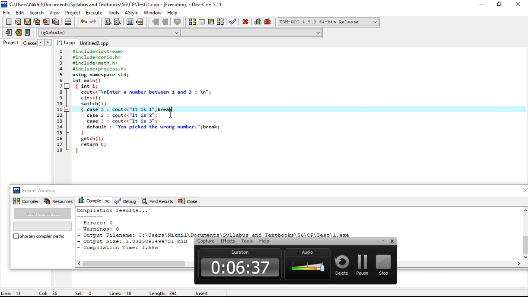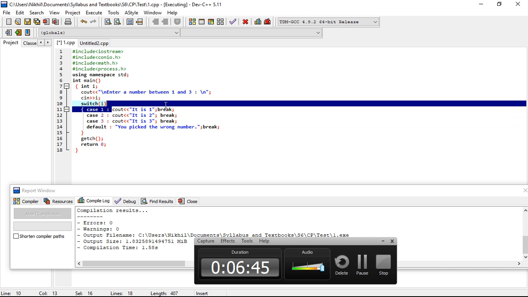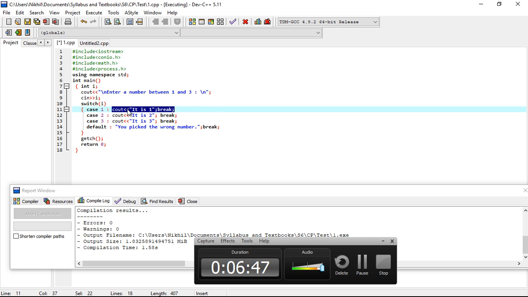Break basically tells, fine, you chose your option, and right after the option's statement is outputted, I am breaking from the entire switch. Right after this case is satisfied, I don't have to look at any other part of the switch, so I'm getting out of the switch. So that is what break does. It breaks free from the switch.